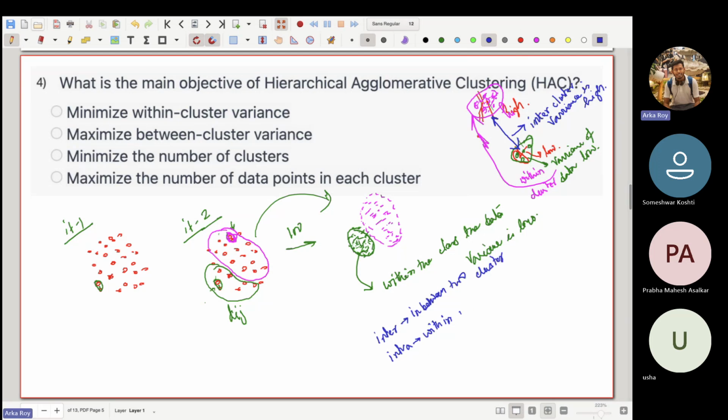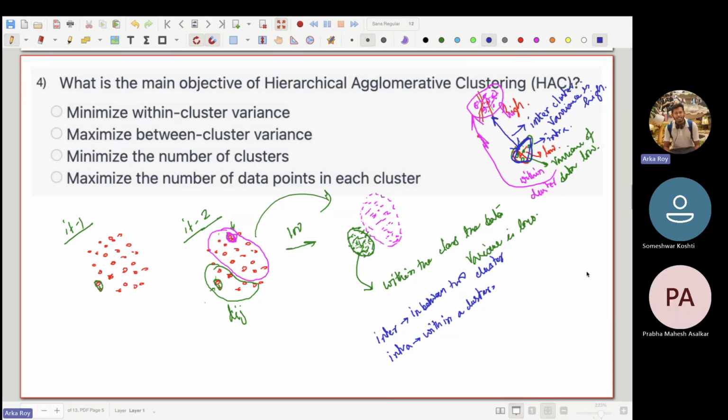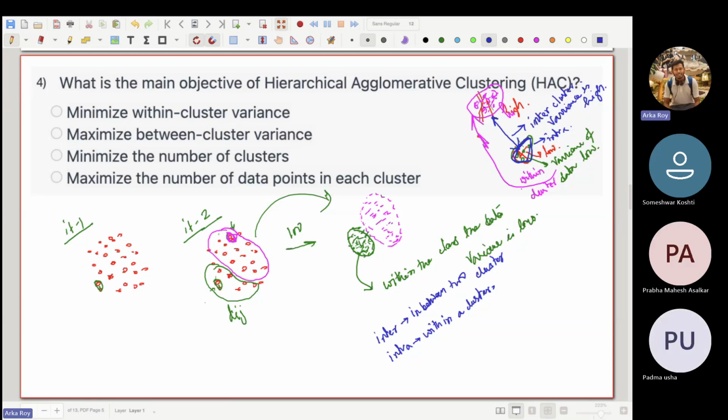So over here, the situation is intra, and in between these two clusters, the situation is intercluster. So we can conclude that in the case of intra-cluster, the variance is low, and in the case of inter-cluster, the variance is high.